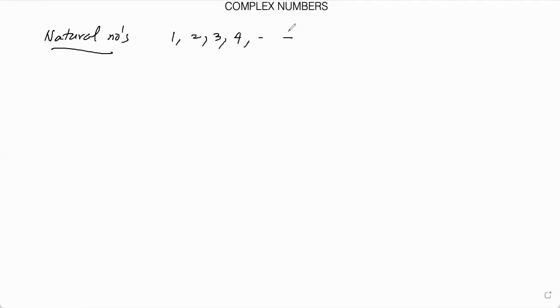These are positive integers we use for counting. If a and b are natural numbers, the sum a plus b and the product a into b are also natural numbers.